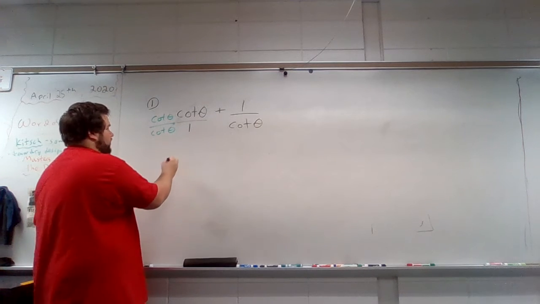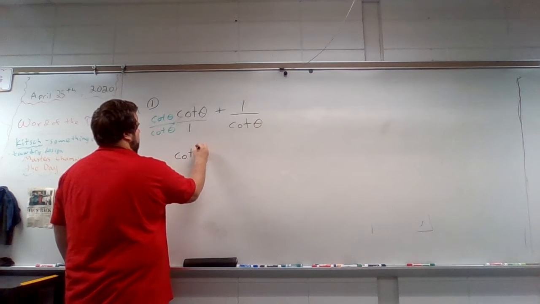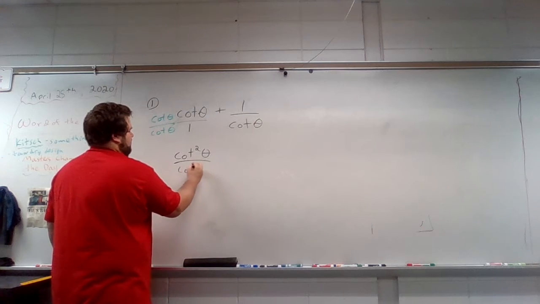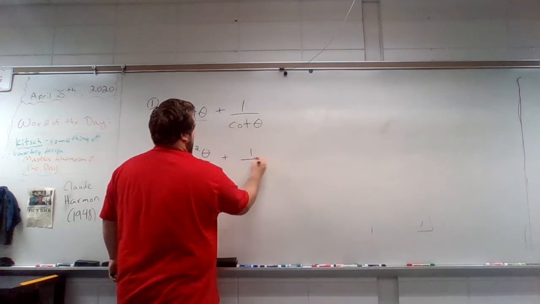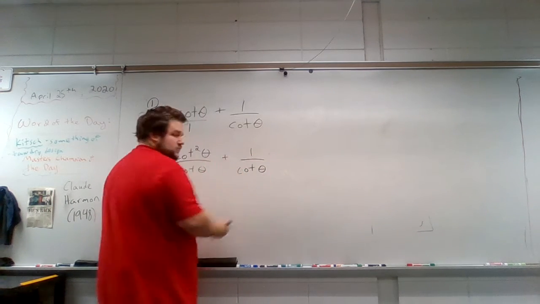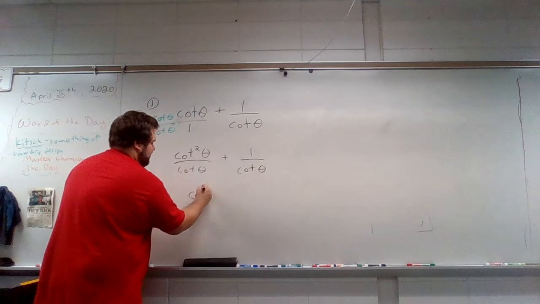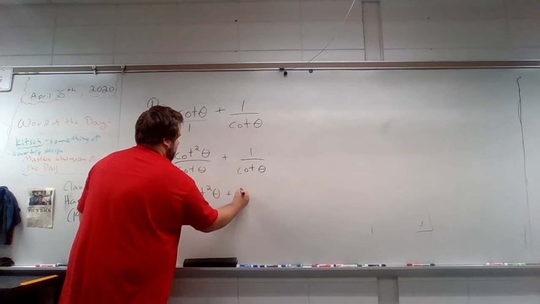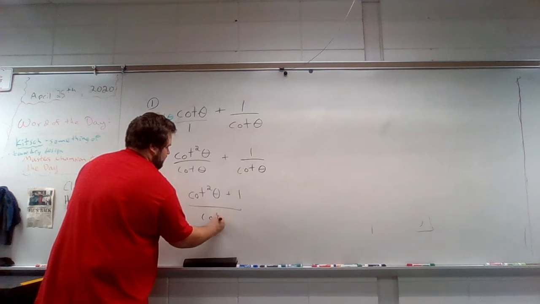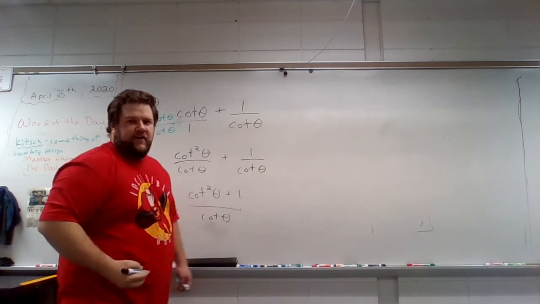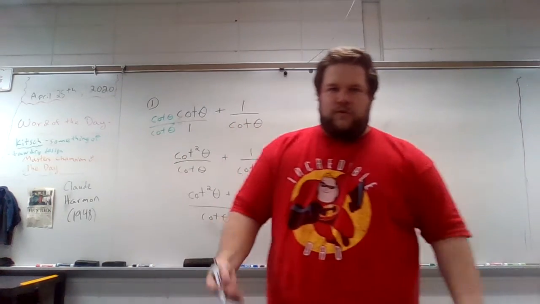So I would have cotangent squared over cotangent plus 1 over cotangent. Then I add these together, so I've got cotangent squared plus 1 over cotangent. You noticed right there that cotangent squared plus 1 was cosecant squared.